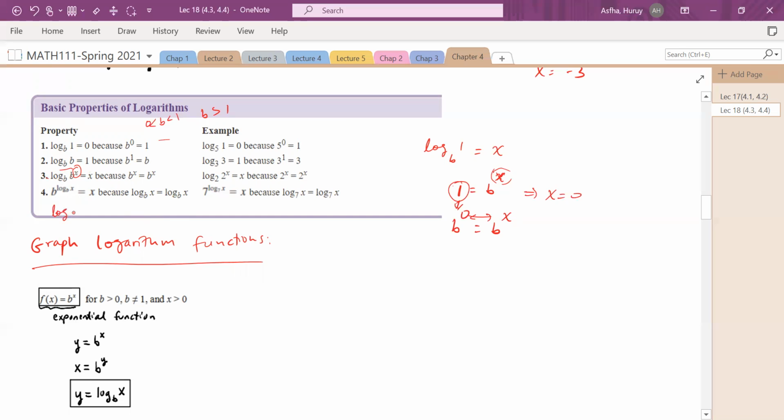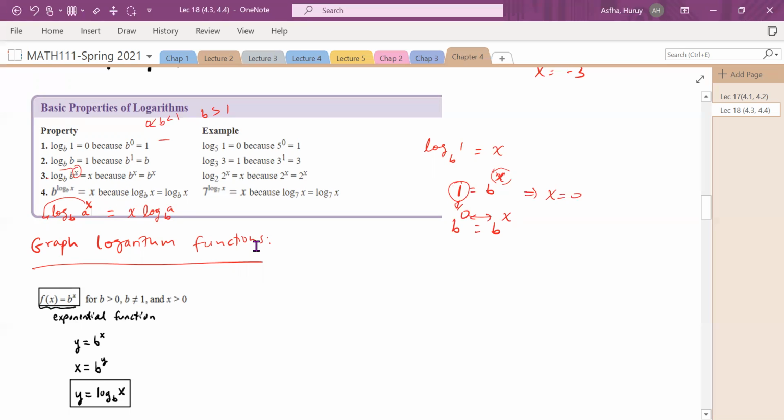Another property: log base b of a to the x is the same as x times log of a to the base b. So if you have an exponent here, you can bring this exponent down. We will learn this one at the end.